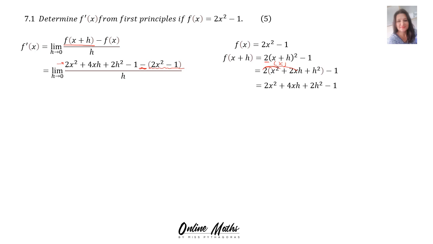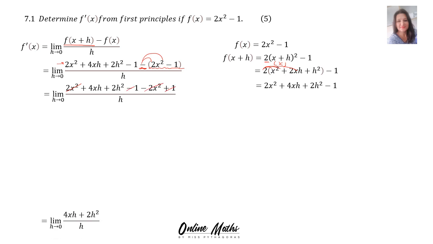And then in the next step, you're going to multiply in this minus. When you multiply in the minus, you get that. And then you check if there's like terms that you can add. And there's this 2x squared minus 2x squared is nothing. Minus 1 plus 1 is nothing. Then in the next step, you have that.